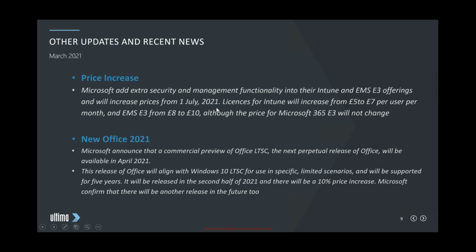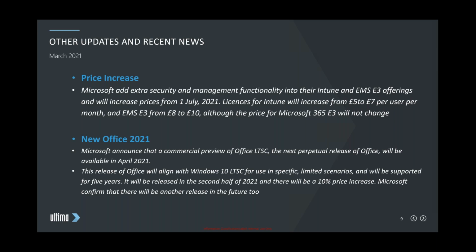So I just wanted to cover off the final few updates and recent news from Microsoft, which I do think is important to always track. Ultimately, this is to do with licensing, and we are hearing news about a price increase coming on the 1st of July, 2021.